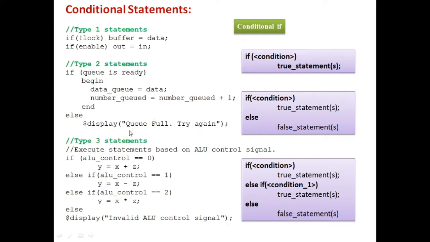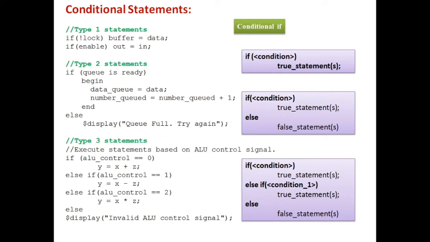So this is what I would like to see in the console window when the data queue register is full of its content. And the very next, type 3 conditional statement, is if else. That means I have here three conditional statements.